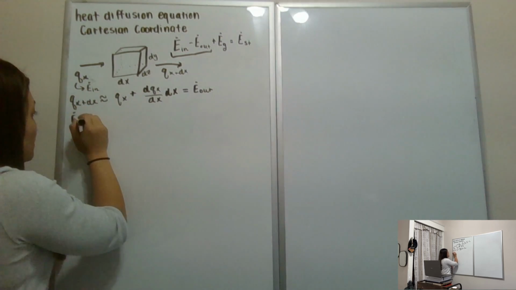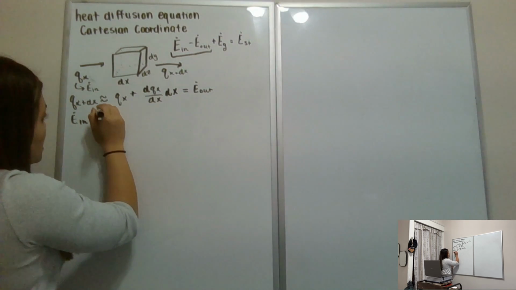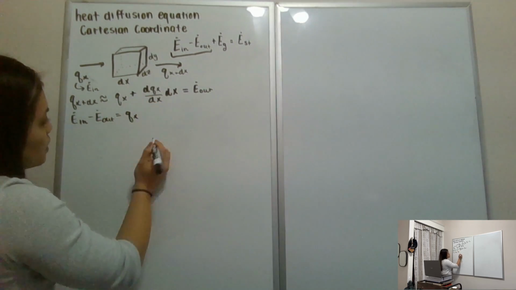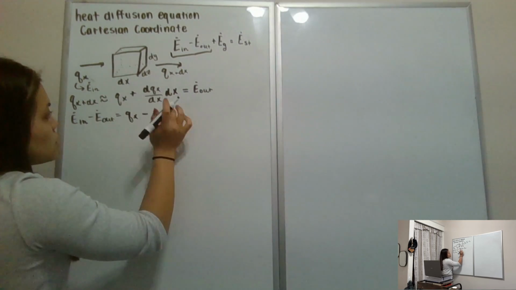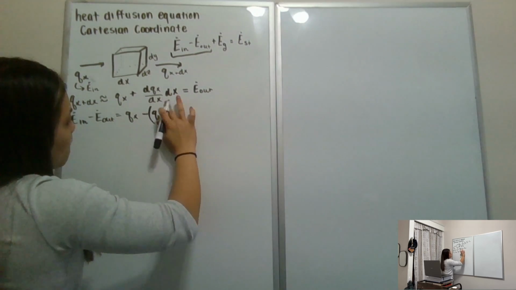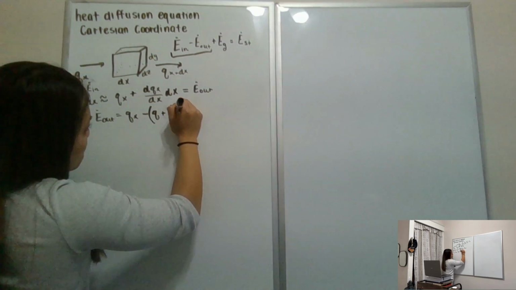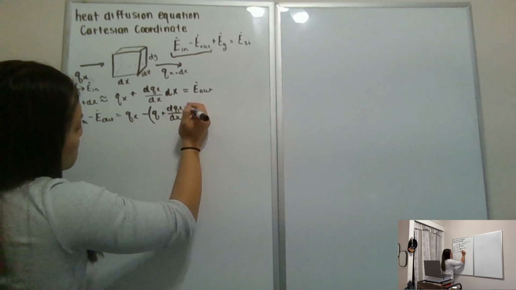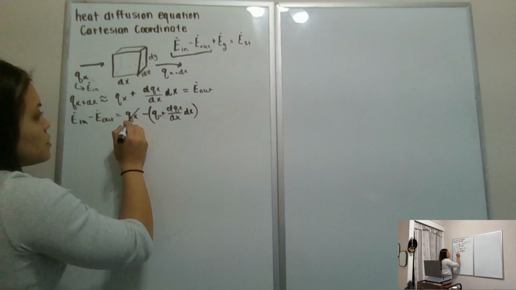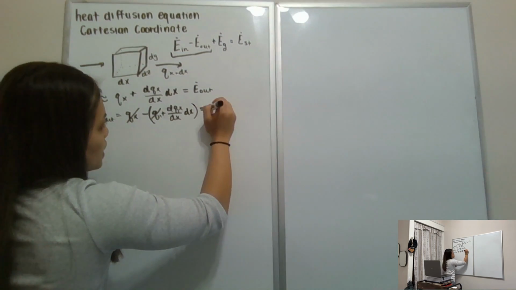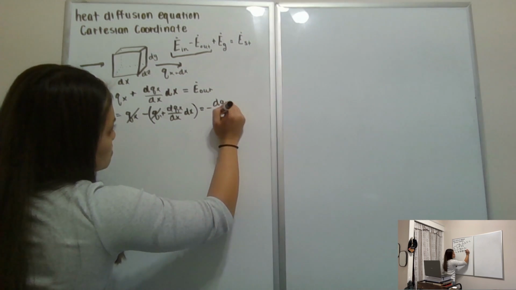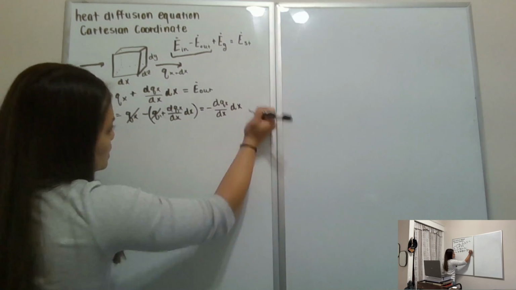If we start with that first section, energy in minus energy out, we would have the heat flow going in minus this linear approximation, and these two values would cancel out, leaving us with negative change in heat flux with respect to x times the movement in the x direction.